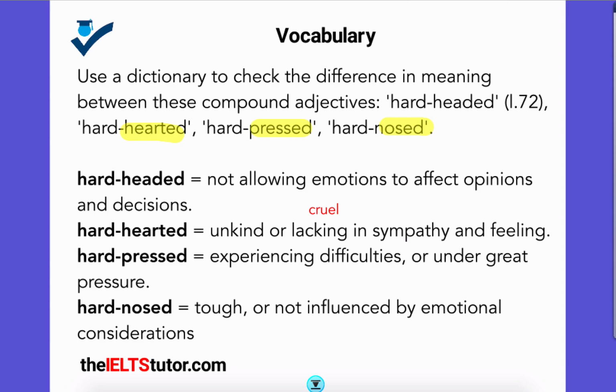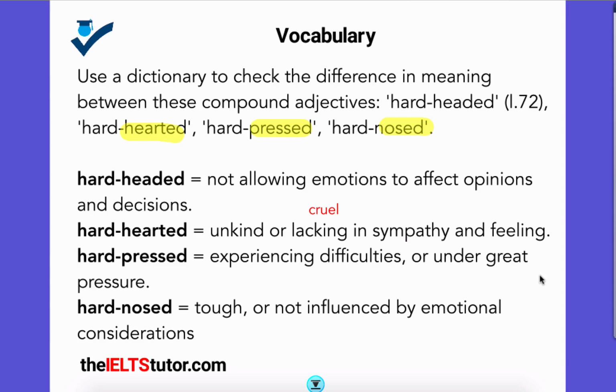Okay, so you could be a hard-nosed detective, or I suppose it could be a hard-nosed teacher. I haven't heard that being used before, but yeah, why not? Okay, so hard-nosed.